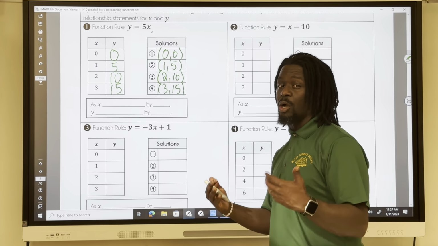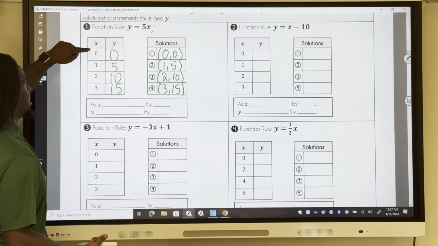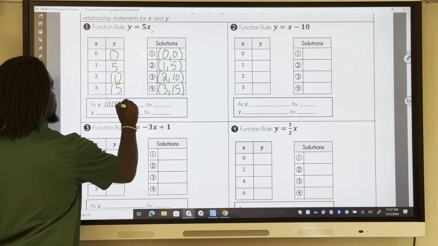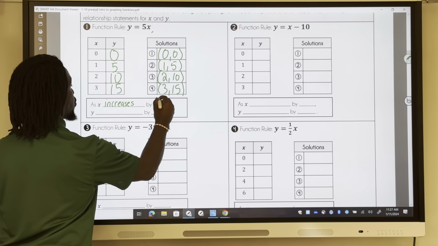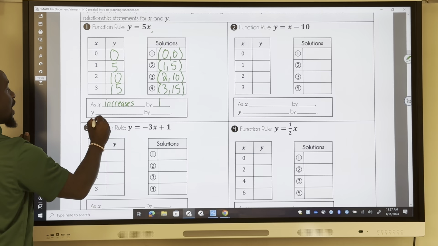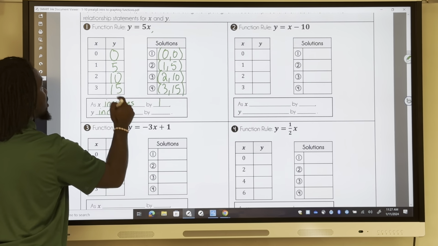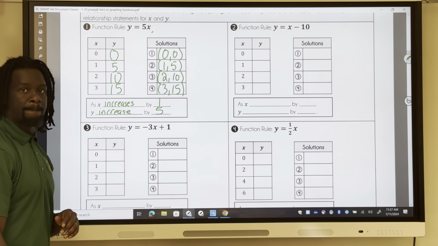And now we have to figure out what the relationship, what the pattern is. As our x goes from 0, 1, 2, 3, our x's are increasing. As x increases by 1, what happens to our y's? Our y's also increase, going 0, 5, 10, 15. They increase by 5.